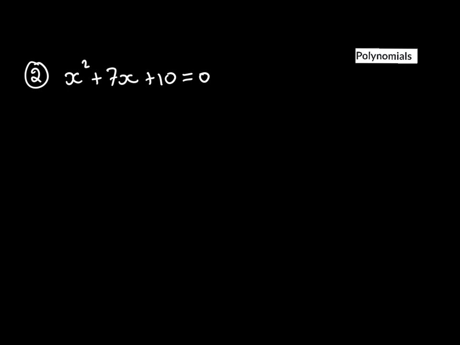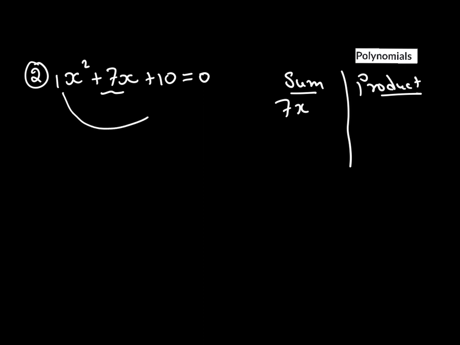So we know the factorization method by splitting the middle term. Let's write down the sum over here and product over here. The sum is 7x and the product is 1 times 10, which is 10x squared.